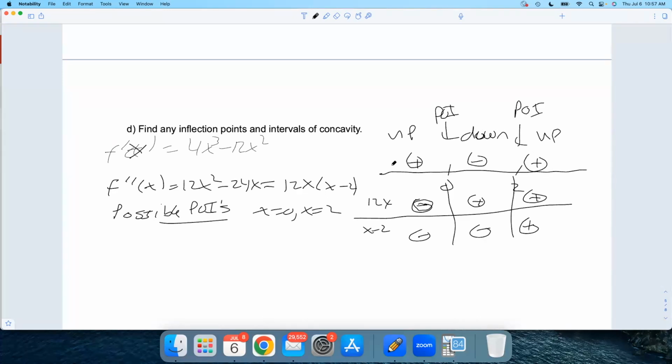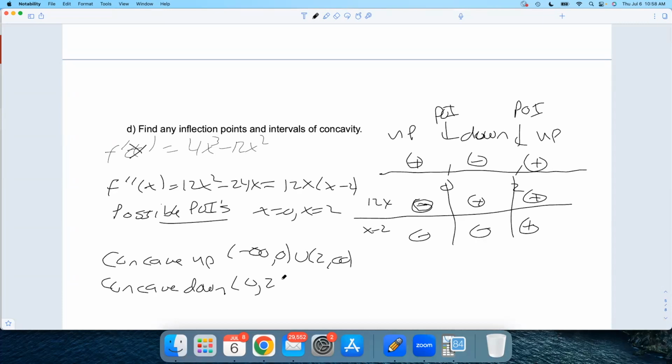If you switch concavity, you've got yourself a point of inflection, as long as that x value is in your domain. So we're concave up on two different regions, negative infinity to 0, that's this region, and then 2 to infinity. And then we're concave down, 0 to 2.